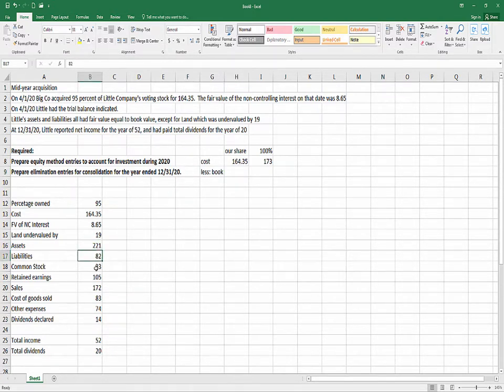If you want, you could take the equity balances of $138 at the beginning of the year, add the income to date, subtract the dividends to date. Either one gets you to the same place. So I'm going to go ahead and take the easy route and say it's the assets minus the liabilities. And our share is going to be 95% of that.